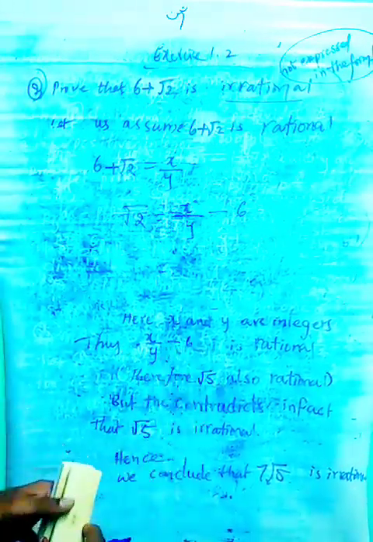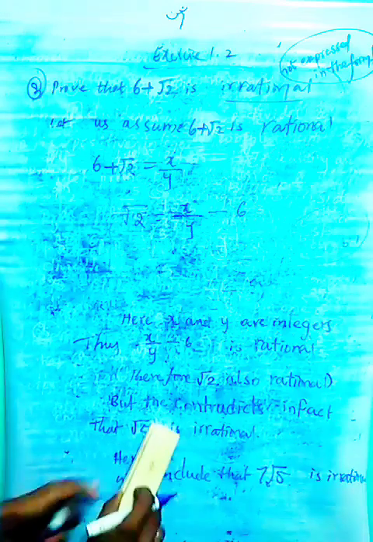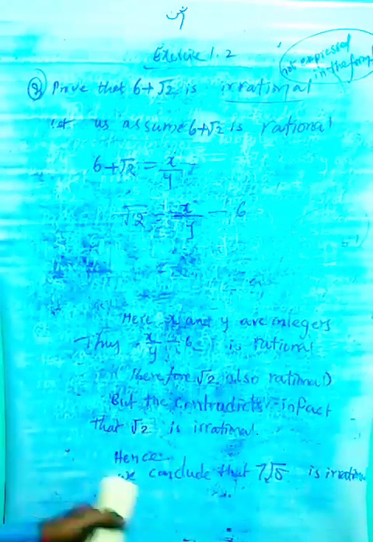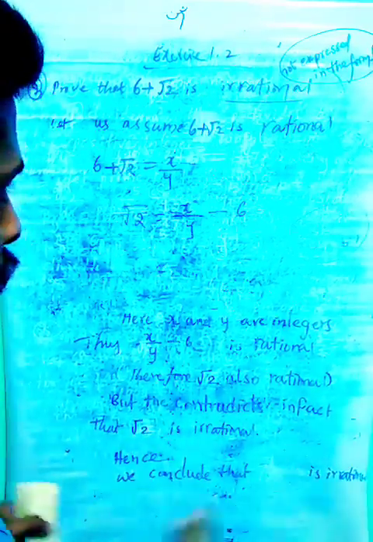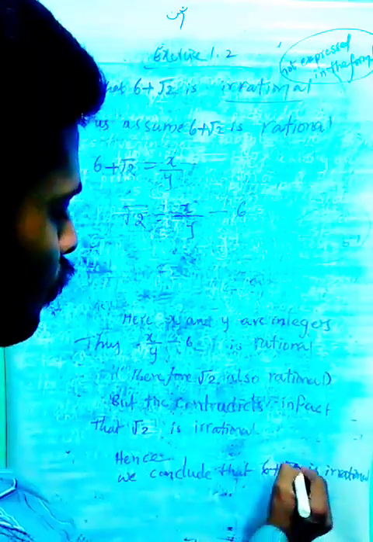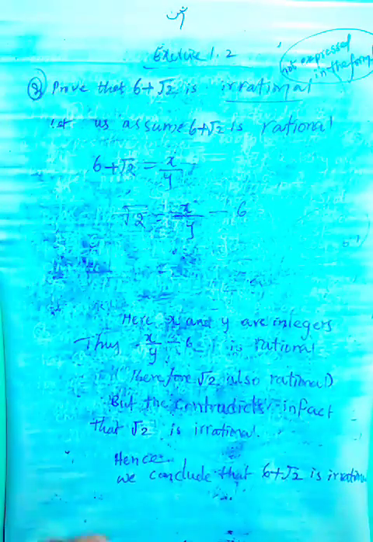Since x and y are integers, x by y minus 6 is a rational number. Therefore root 2 is also a rational number, but this contradicts the fact that root 2 is irrational. Hence we conclude that 6 plus root 2 is irrational.